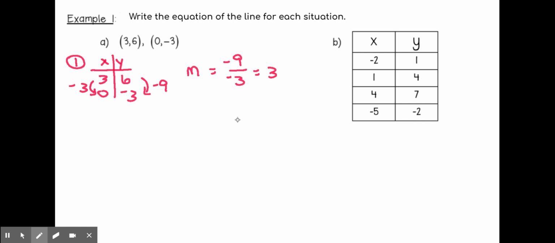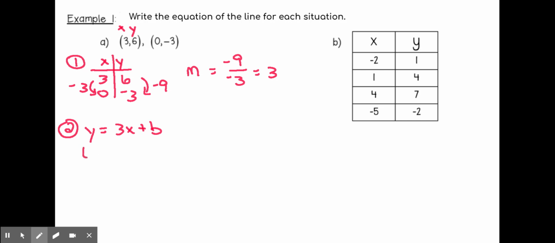Now I need to find the y-intercept. So you get to pick either point. You pick either point you want, and you plug it into y equals mx plus b to solve for b. So I'm going to pick this point here. This is x, this is y, and I know my slope is 3, so y equals 3x plus b.